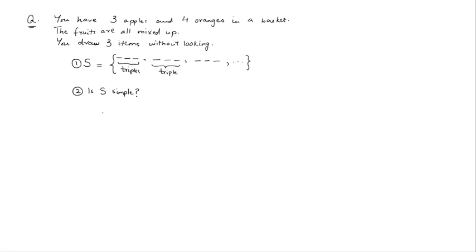So any triple has an equal chance of occurring. So yes, the sample space is simple because all the items are mixed up. There is no preference for a certain set of 3 items to have more chance of being picked up. All have equal chances. So that's the second step.